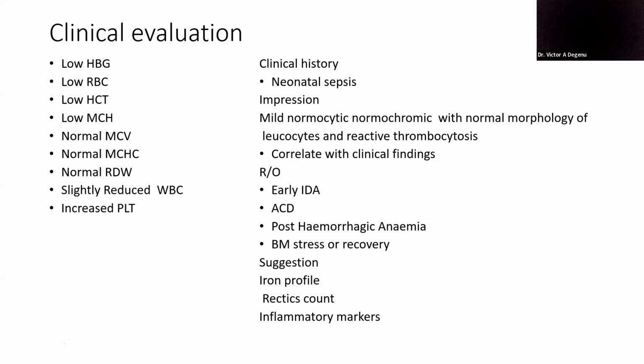You may say it is within the range, but because this is a new machine that we are using, that sets the total WBC count upper limit to be 26. That is why we are saying it is slightly reduced, but this is simply an assumption that will let us look at things very well.